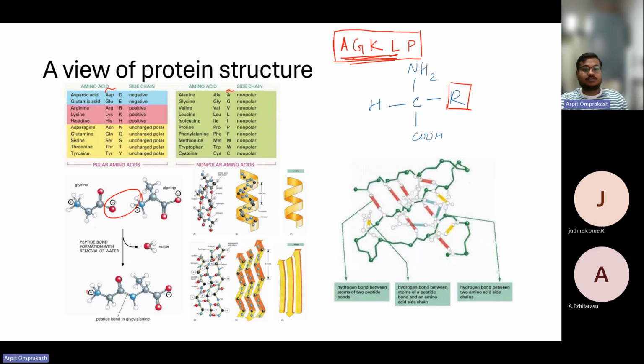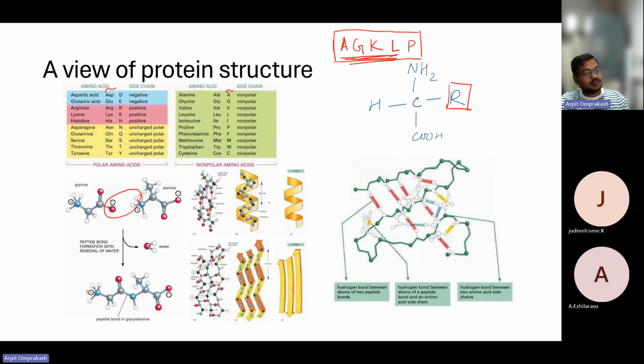Now, we have the formation of something called a secondary structure. As the protein or polypeptide chain wraps around like this sometimes, hydrogen bonds form between these nearby carboxyl and amine groups.